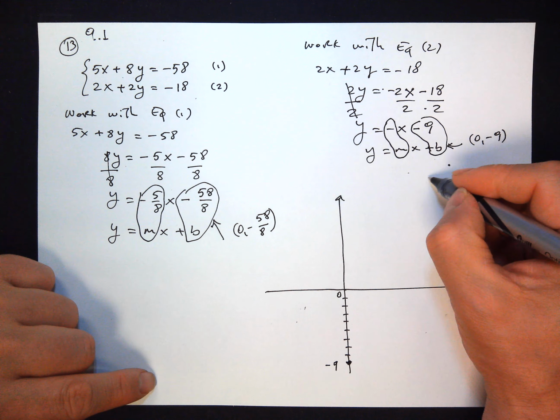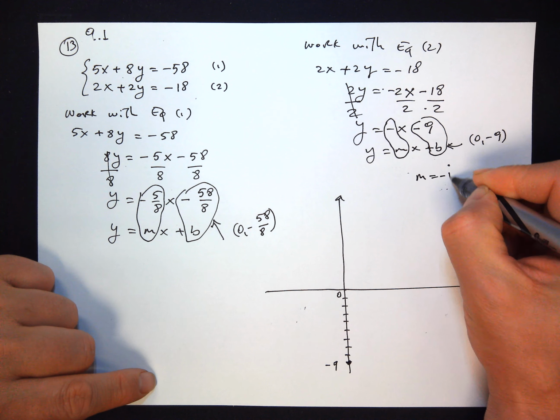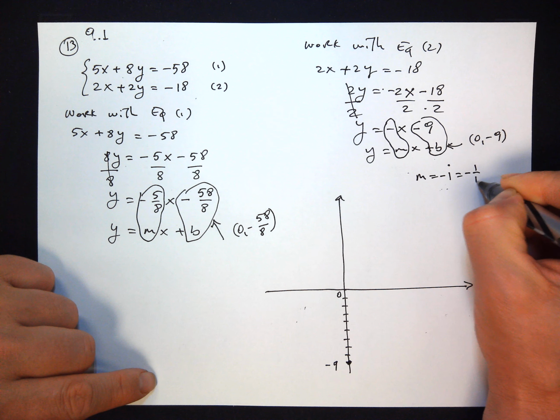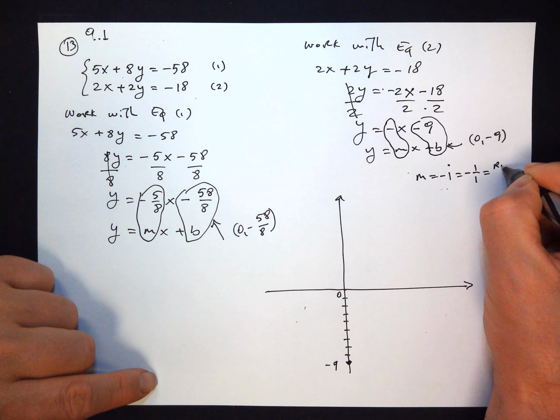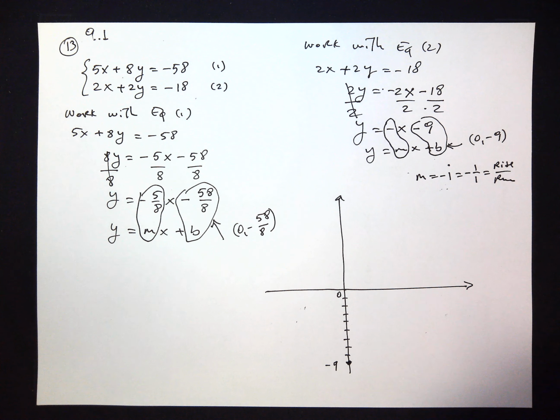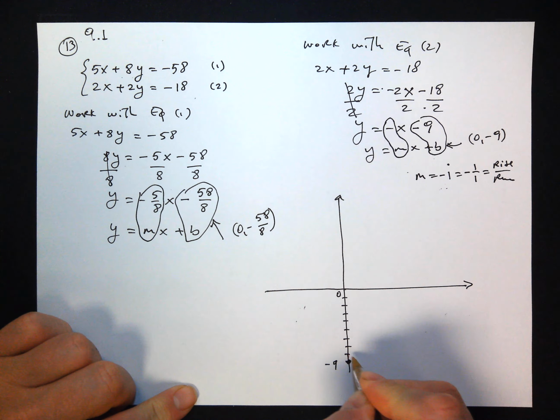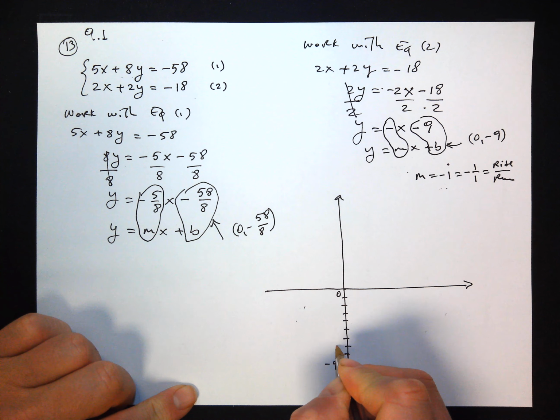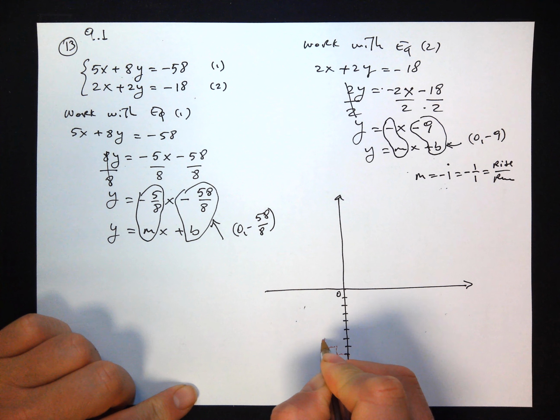So notice that the slope equals negative 1, or negative 1 over 1, which means rise over run. So you're rising 1 and running 1. Because it's negative, you're going to run to the left. So up 1 and then to the left.